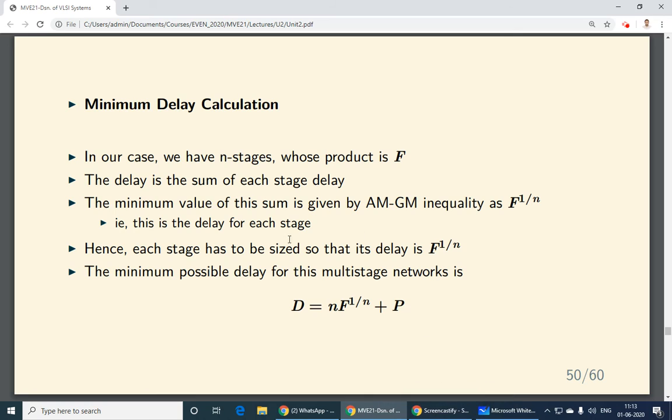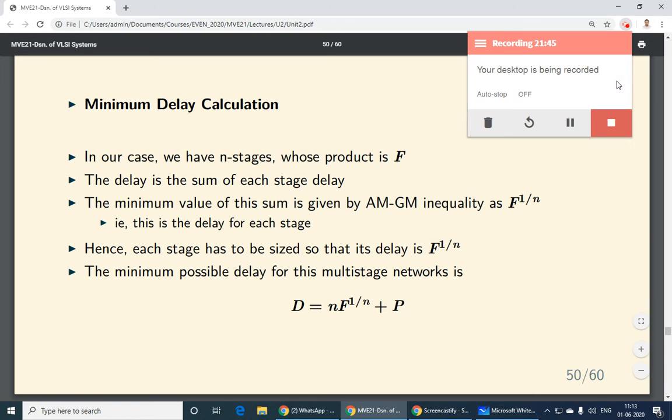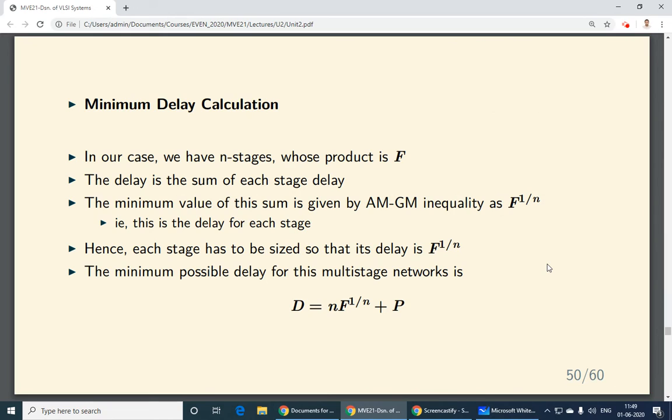And that is what we have here also. We have n stages. Okay, this product is f. The delay is the sum of each stage delay. Okay, and this is the f to power 1 by n. That is the minimum value that we are forced to set for each stage.